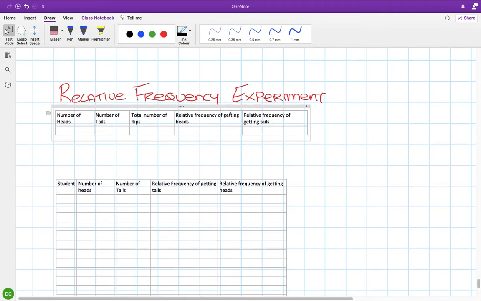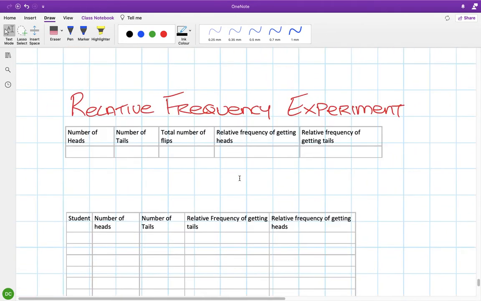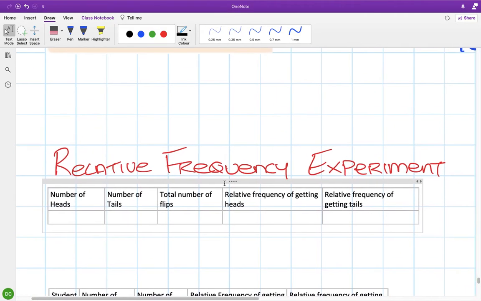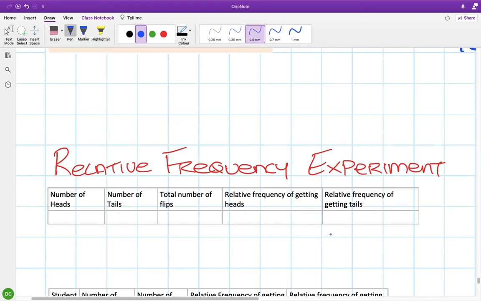Okay, so I'm going to draw your attention to this table here. I want you to put this table into your copy, relative frequency experiment. So copy this into your copy, please. And then I want you to flip a coin 30 times.